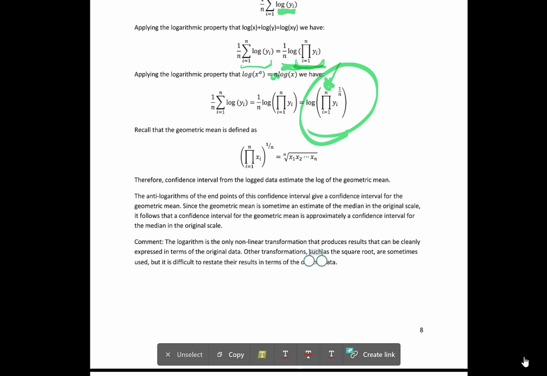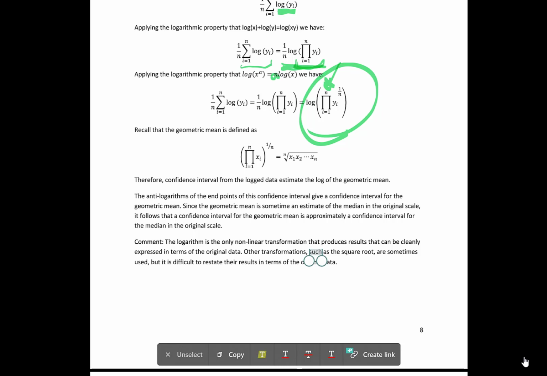So if you're going to interpret that back transformed confidence interval, your interpretation isn't exactly the same as it was before. It now has to be in terms of the geometric mean. Now, a lot of people are like, well, I don't know what the geometric mean is. It ends up that the geometric mean is sometimes an estimate for the median on the original scale.